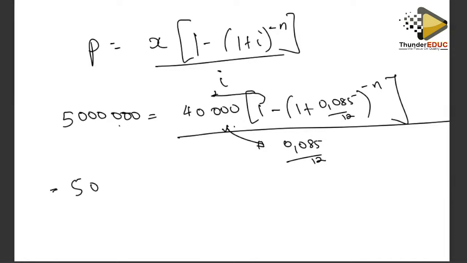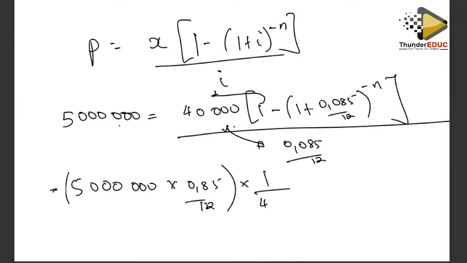Why not do this? 5 million times 0.085 over 12, and then we're dividing it by 40,000. That should give us 1 minus 1 plus 0.085 over 12 to the negative n.